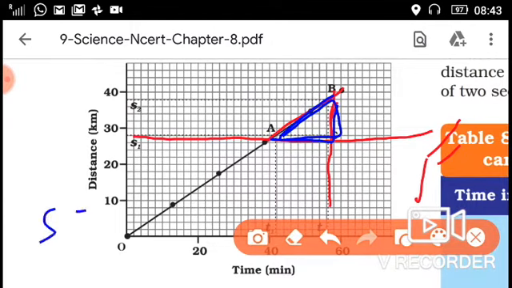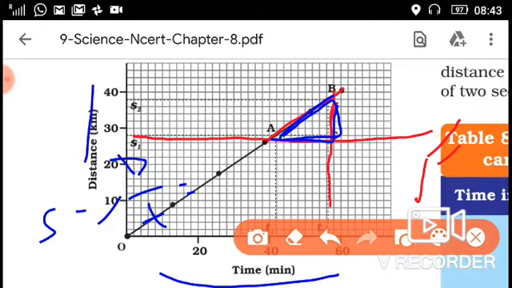The speed formula is distance upon time. Now this is time and this is distance. So for this portion, what is the distance? This distance is almost 10 meter. This is distance upon time. This is time 40 to 60, 20 second, means 10 upon 20.